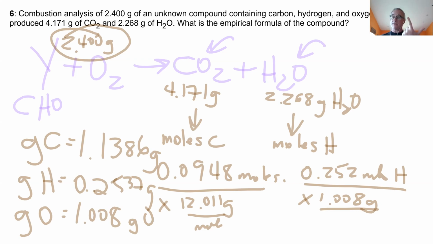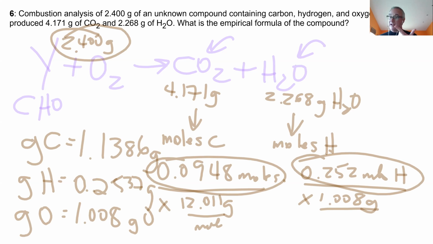We have moles of carbon here. We have moles of hydrogen here. We don't have moles of oxygen. And we can't just subtract, because we have a mass of compound Y. We have no idea how many moles there are. We just have some amount. So we need to figure out moles of oxygen as well. So how are we going to do that?